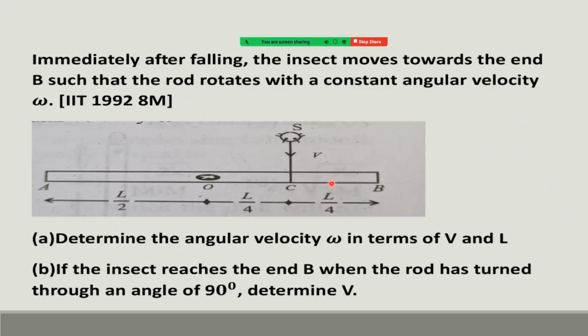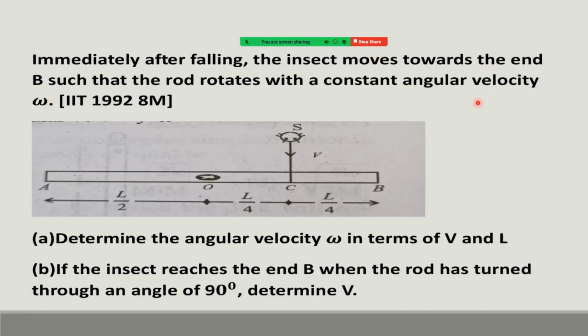This is rod AB. O is now the midpoint. An insect falls at the midpoint of OB, okay, with a velocity V. Immediately after falling, the insect moves towards the end B such that the rod rotates with a constant angular velocity omega.